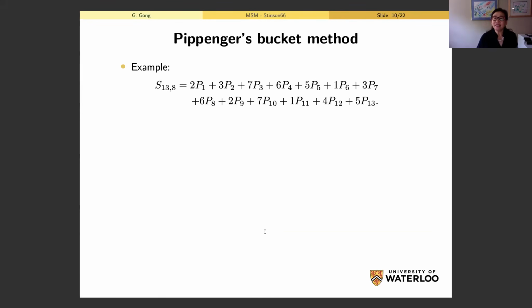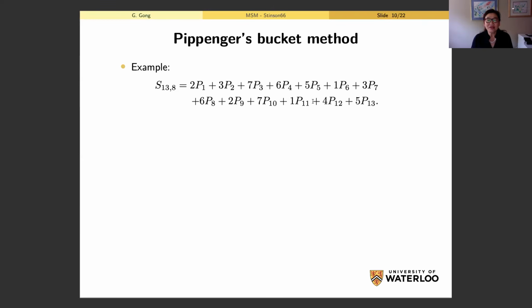So let's look at the idea in Pippenger's bucket method. Suppose we have 13 points, which means the sum of 13 scalar multiplications. With general computation, you need at least around 12 additions.